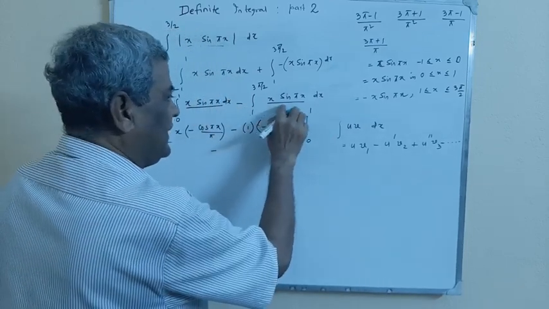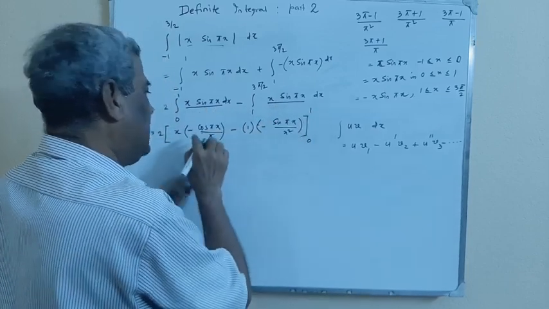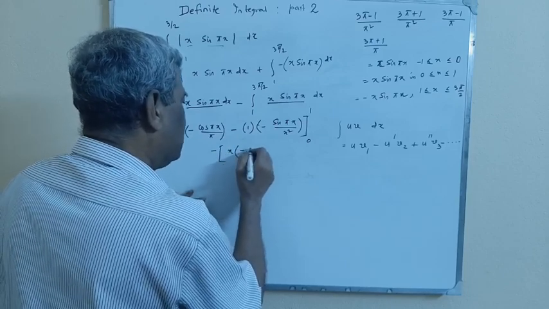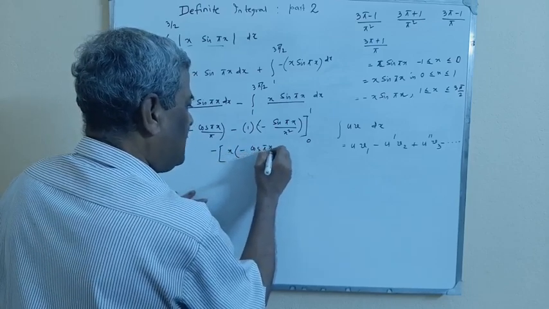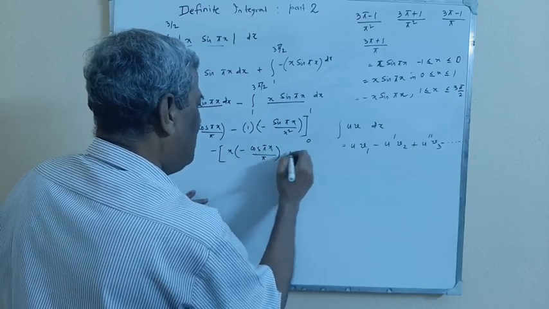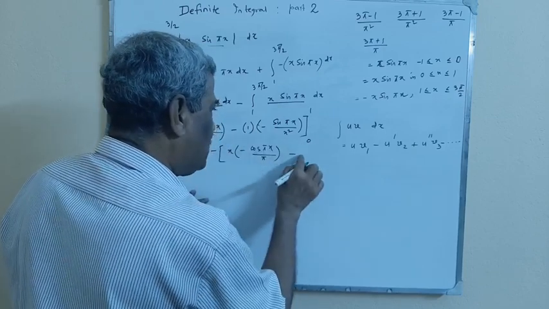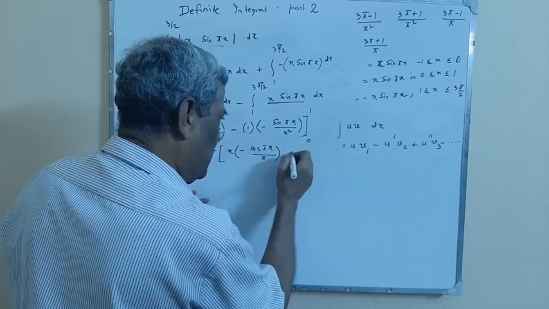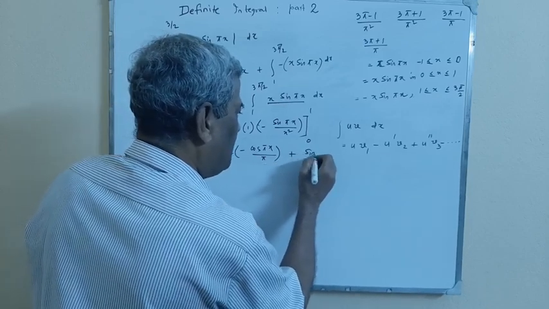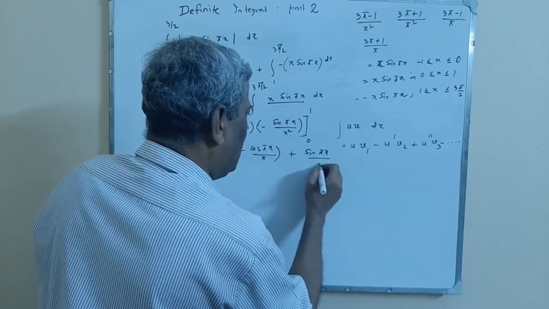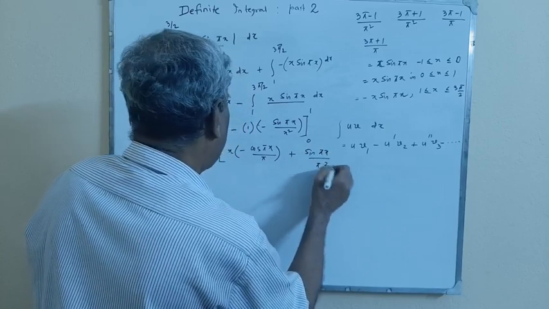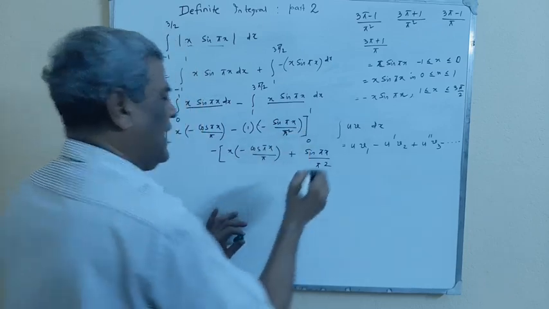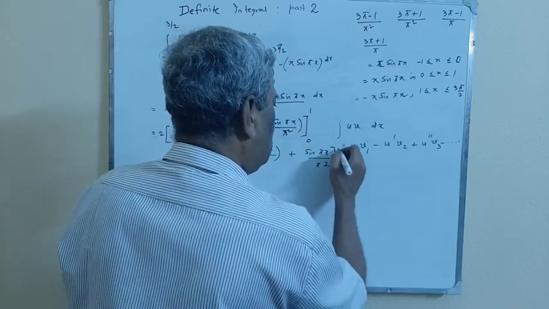Now you see, the integrand is the same, so this result is the same. So it is equal to x into minus cos pi x by pi, minus 1, and minus they together is plus sine of pi x by pi square, and the limit is between 0 to 1.